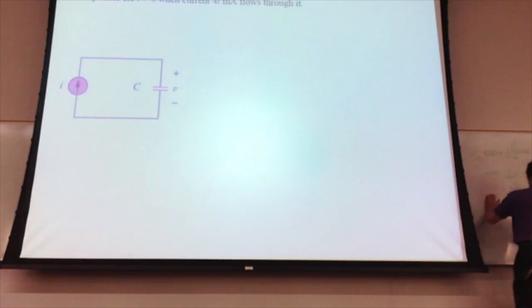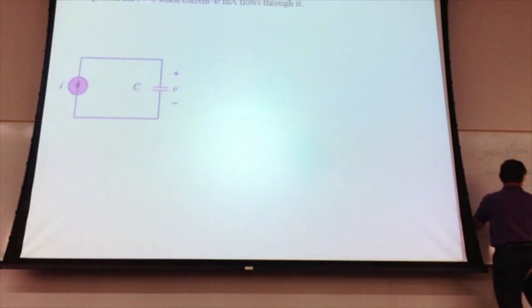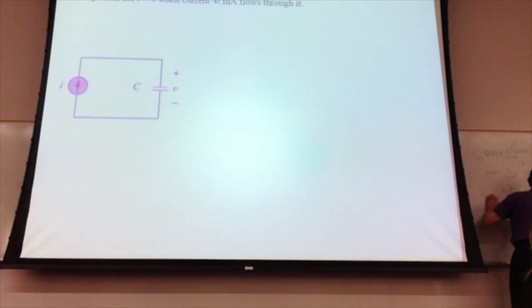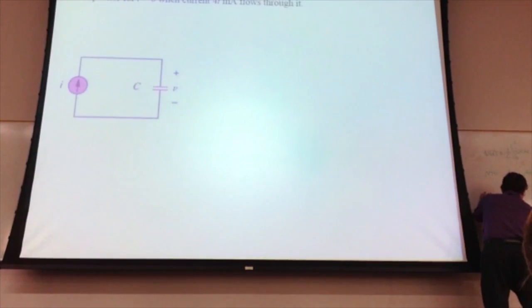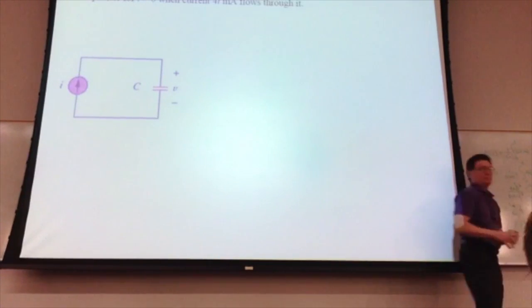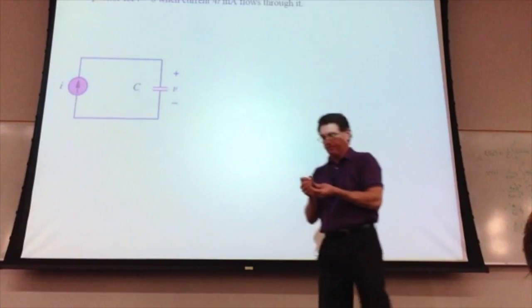So the 2 and the 4 make this a 2. I'm going to have 2 over 50, and this is t squared minus 0 squared, so this equals 2 over 50 t squared.